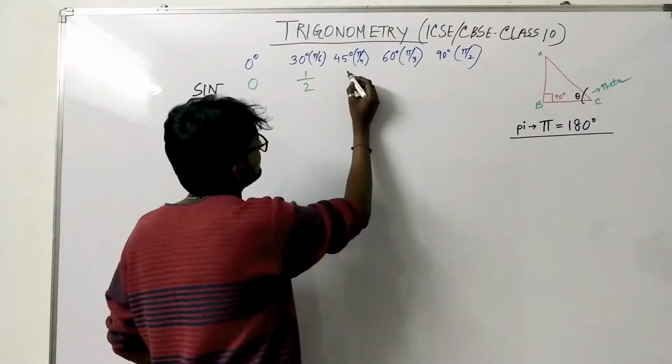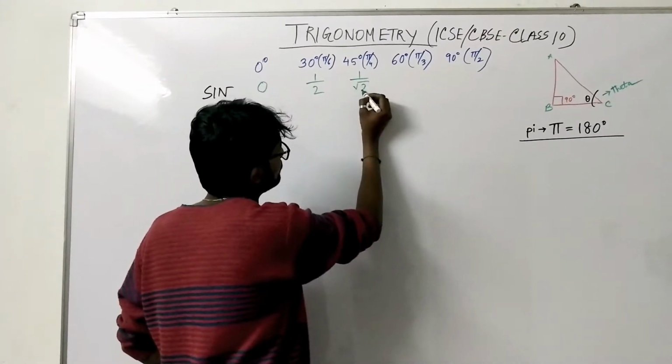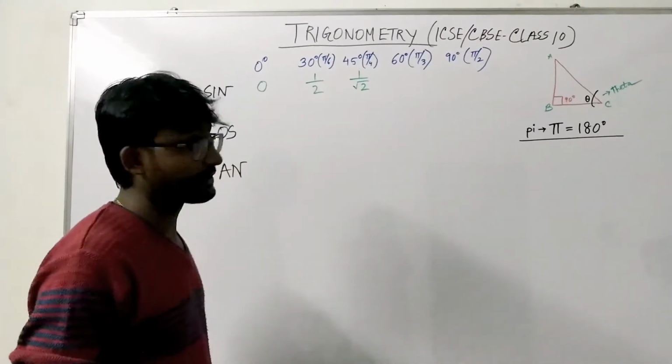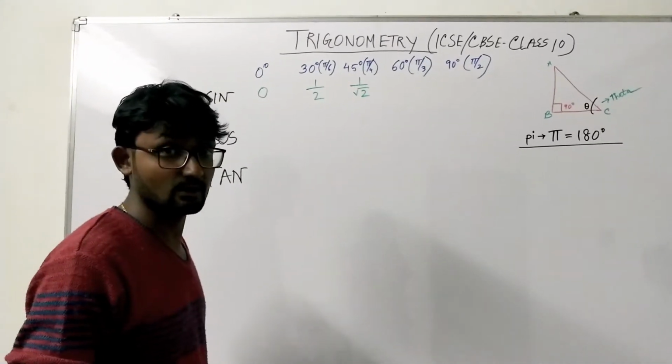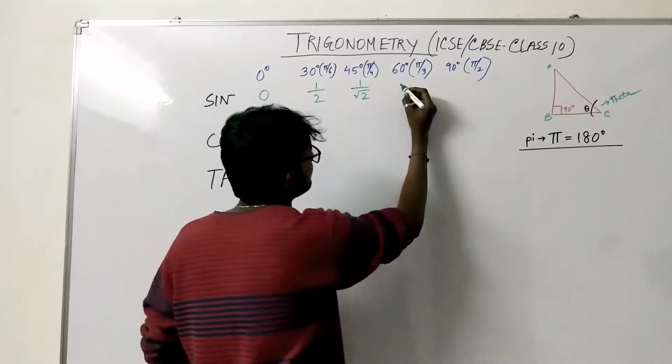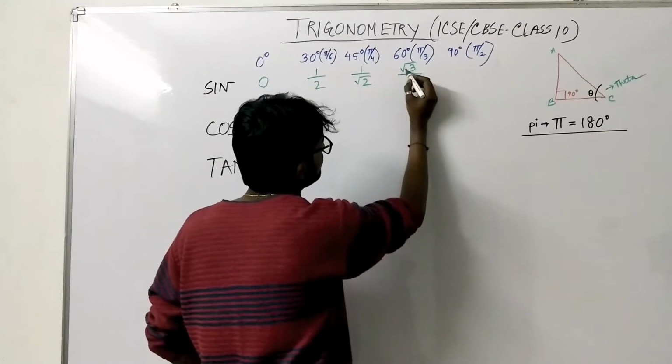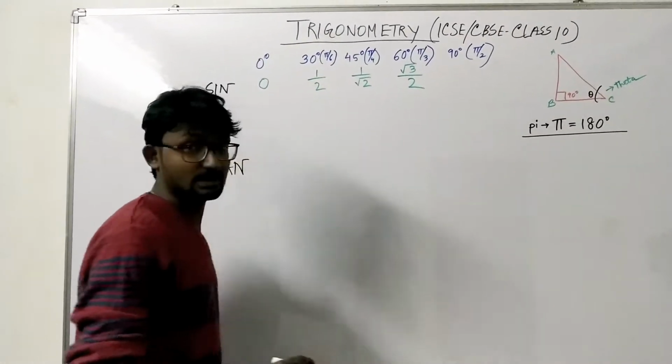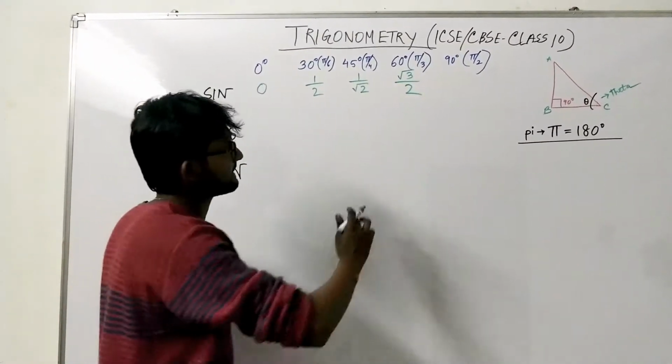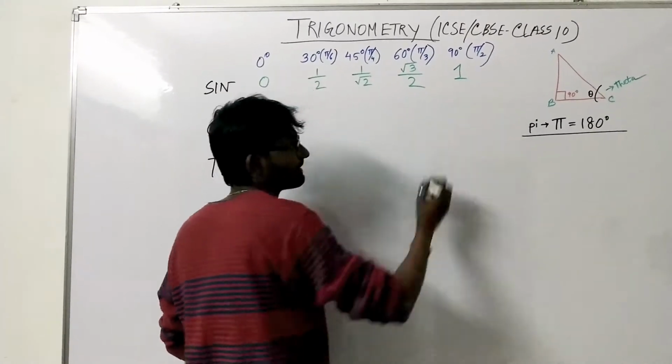Over here 45, it's 1 by root 2. Hope you can see it properly. 1 by root 2. 60 degrees, root 3 by 2. And 90 degrees, 1.